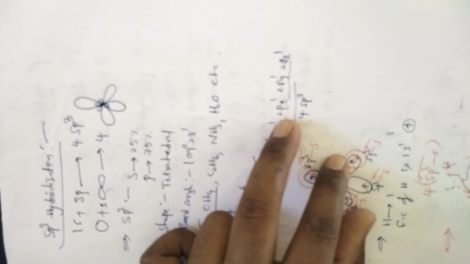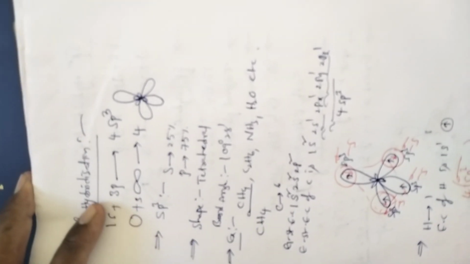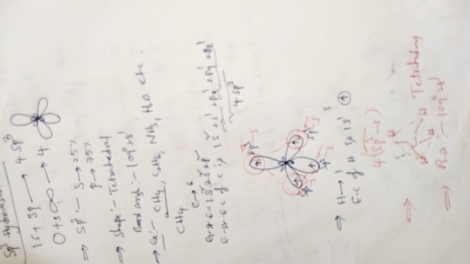The shape of the molecule is tetrahedral and the bond angle is 109 degrees 28 minutes. This is the information about sp3 hybridization.